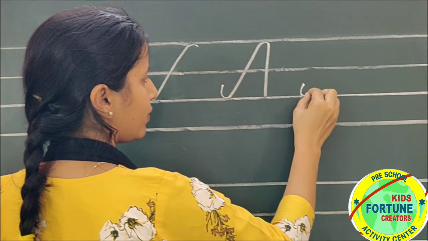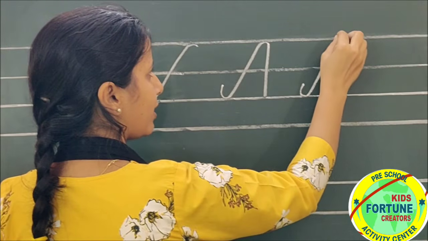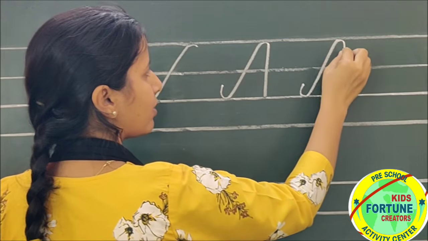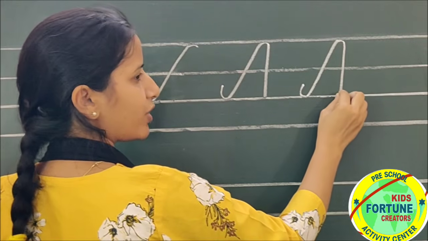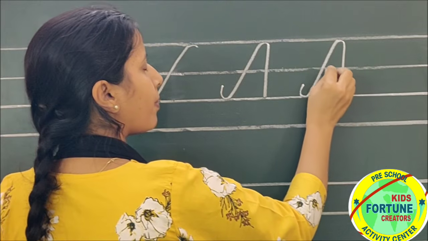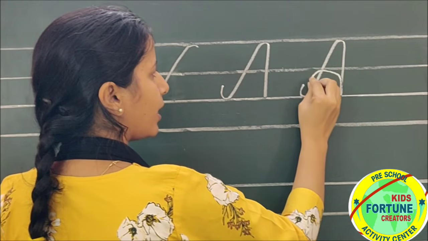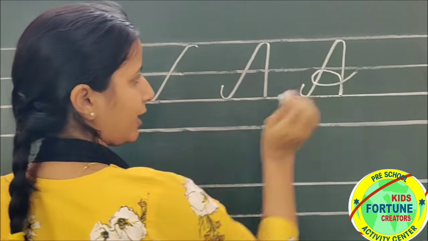Right, down curve, go up with a slant line, small curve, come back with a straight line, little bit go up, make a loop and take out with a tail.